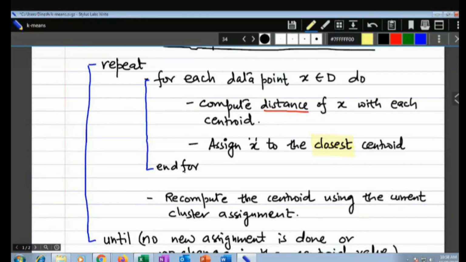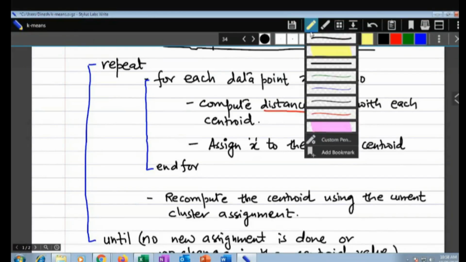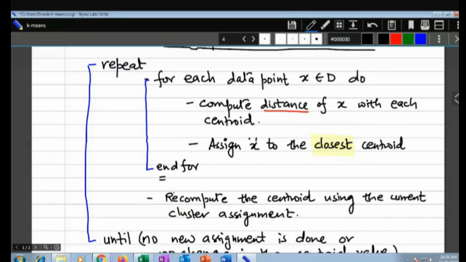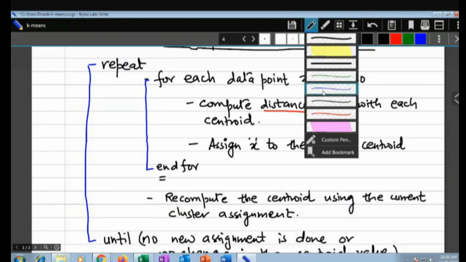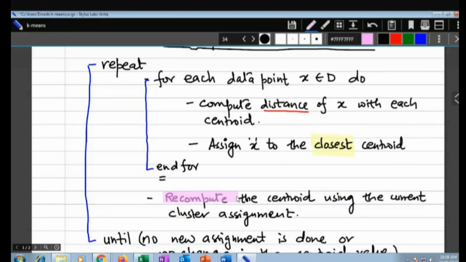Then after this assignment is done, what do you do? Recompute the centroid. Okay, this is very important. So this first phase is the assignment phase.